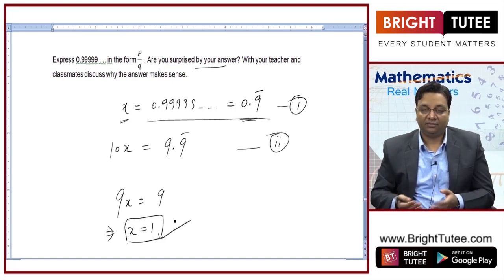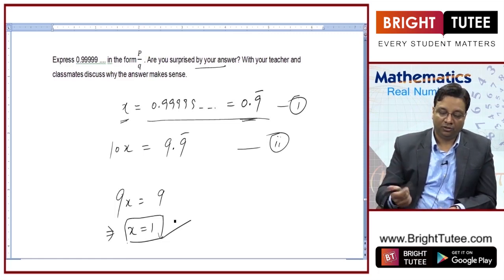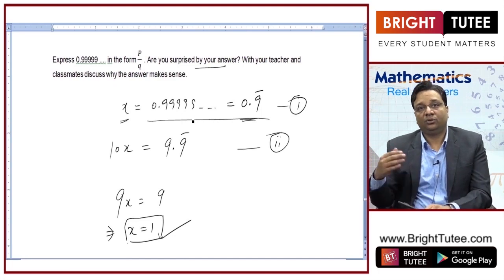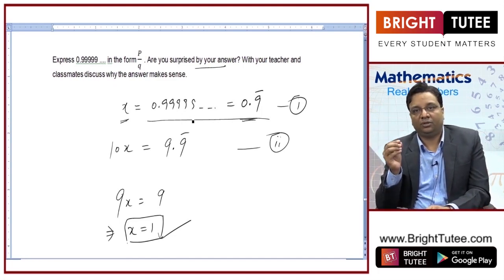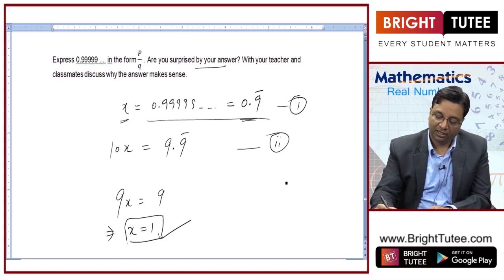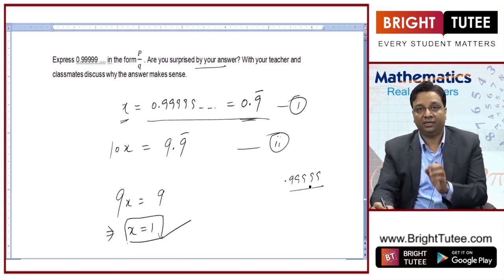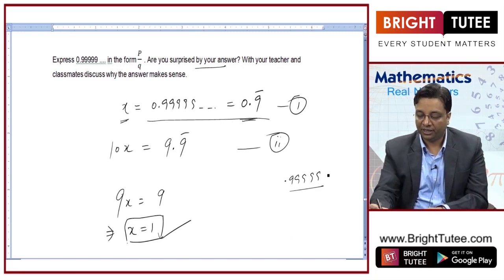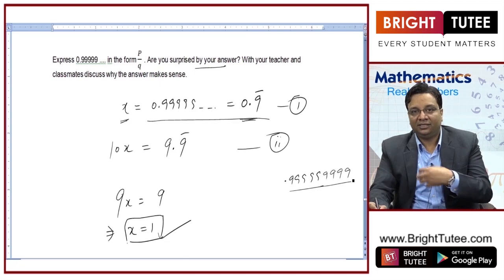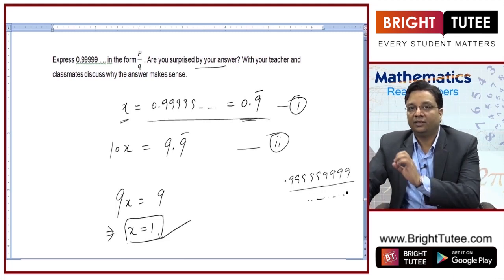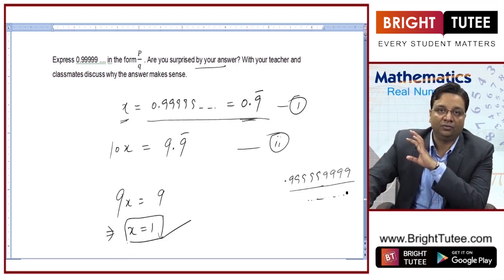Are you surprised with it? No, because it has to be equal to 1, because when you keep on writing 99999, you don't know where you will stop, right? If you write only this 0.99999, this number is very near to 1. But when you keep on increasing these 9s, it reaches 1, right? And if you keep continuing like this, then it will be exactly equal to 1.